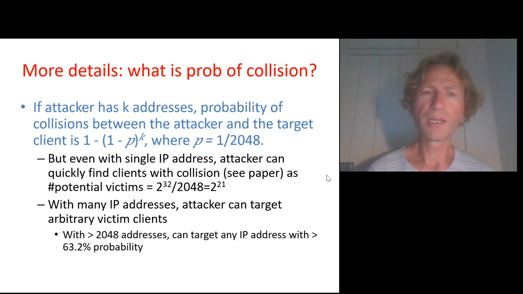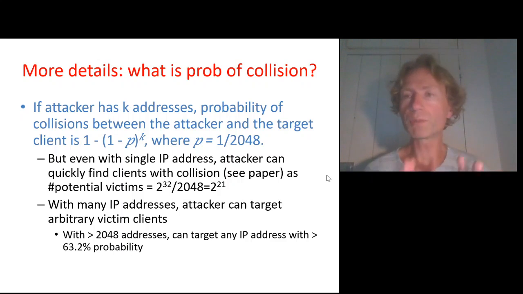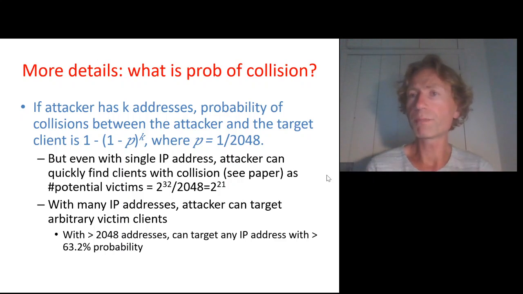I'm not going to discuss this in detail; see the paper. You can find lots of potential victims, 2 to the power 21 potential victims that would hash to the same bucket. But the point is, if you are a powerful attacker, you may have more IP addresses, and if you have say greater than 2048 IP addresses, you can probably attack any IP address.